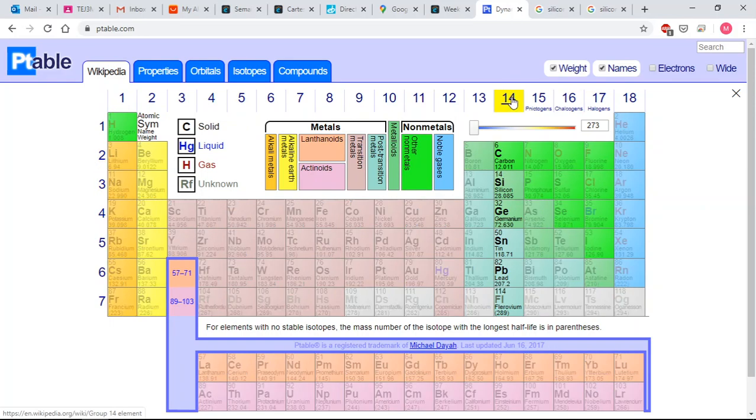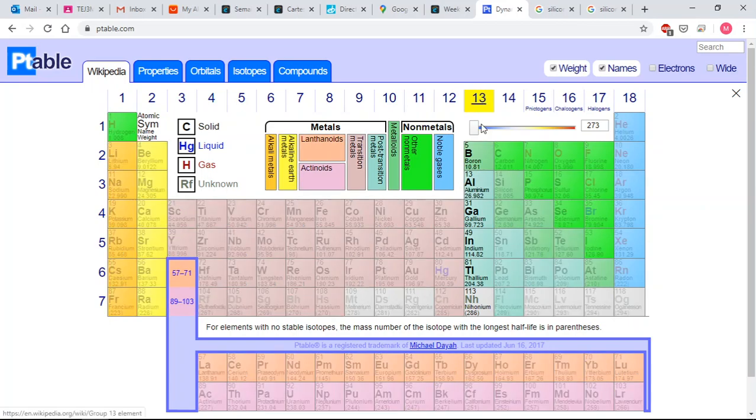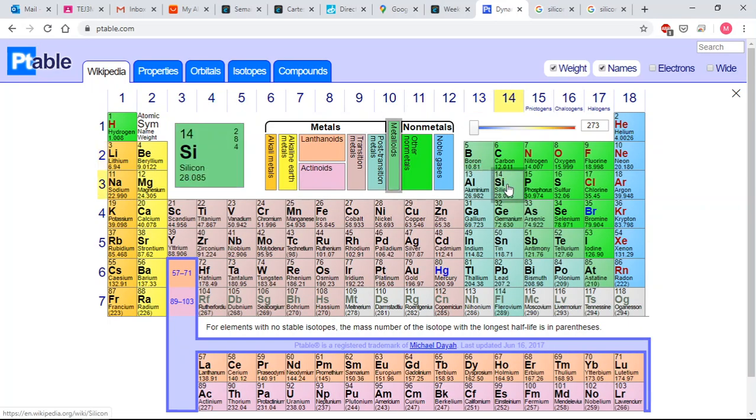This is column 14, but it's actually column 4. How come? It's complicated, I'm not going to go into the details, but just count how far it is from the left. So 1, 2, and then you skip all of this section here, 3 to 12, because it's on row 3. So anyway, it's 4 columns away from sodium, and it's 4 away from the noble gas, argon here.